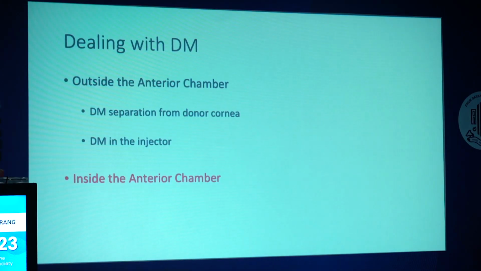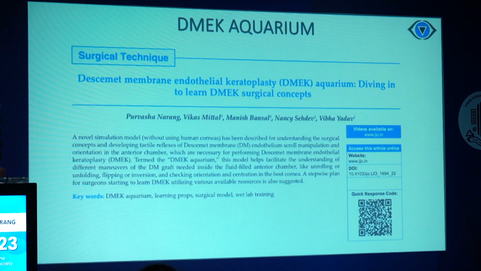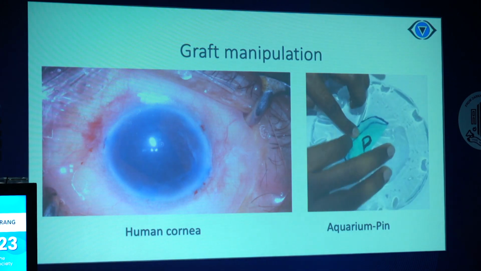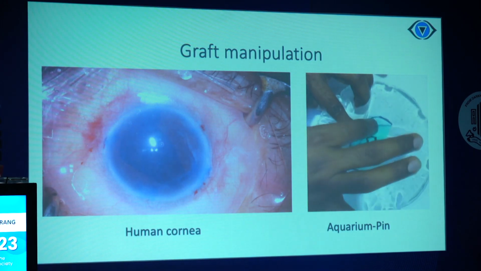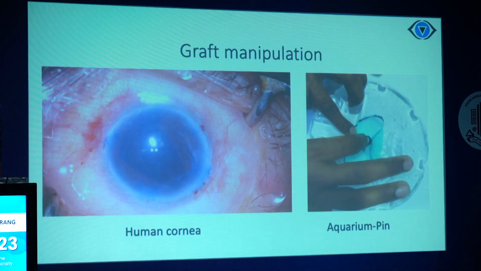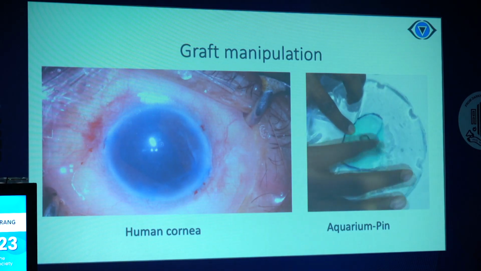Next, we come to the dealings with the anterior chamber. The fluid waves and the entire DM being inside the chamber require a different skill set of handling the graft, and this was published as the DMEC aquarium, as we named it. This requires the filling up of a transparent plastic balloon, and there is a plastic sheet marked P inside it which simulates the graft within the anterior chamber.